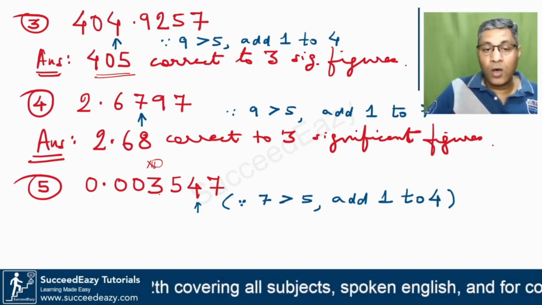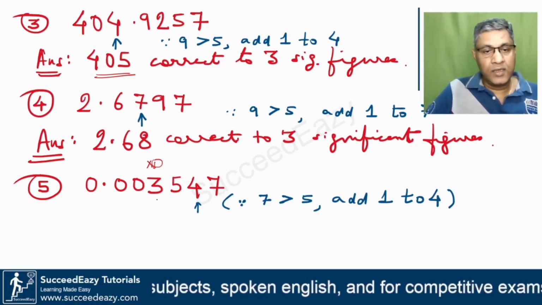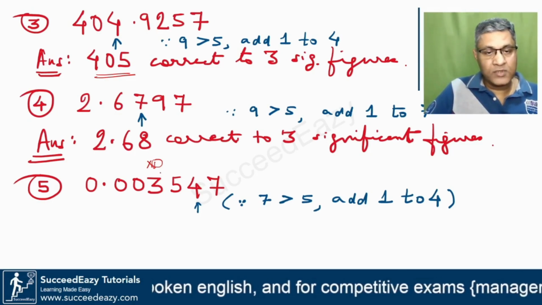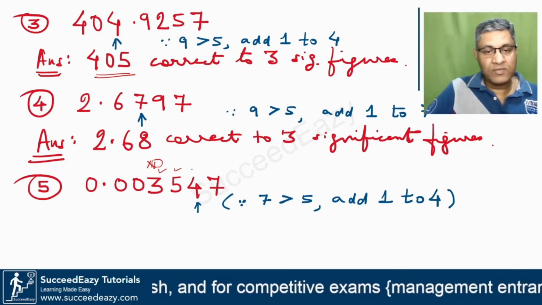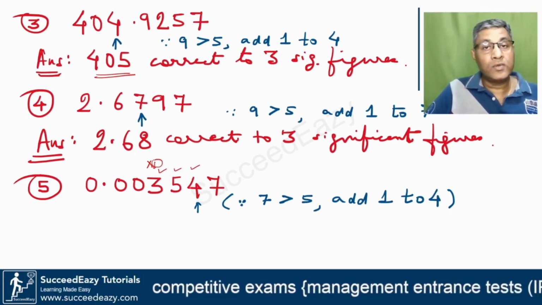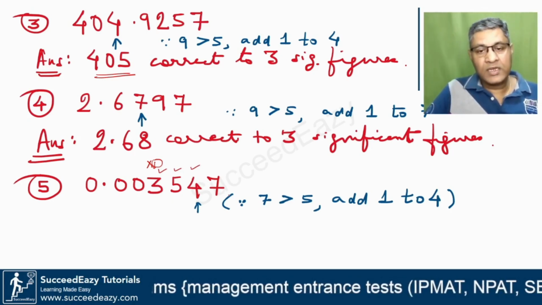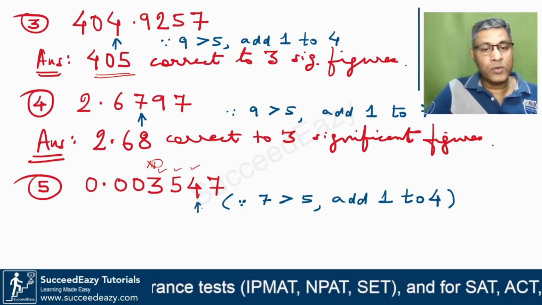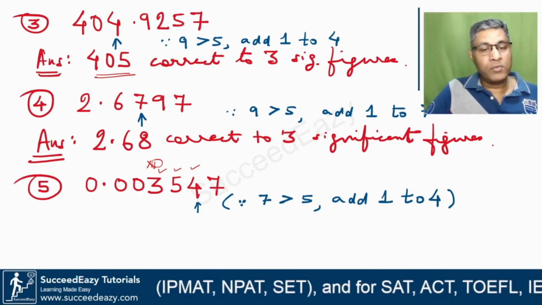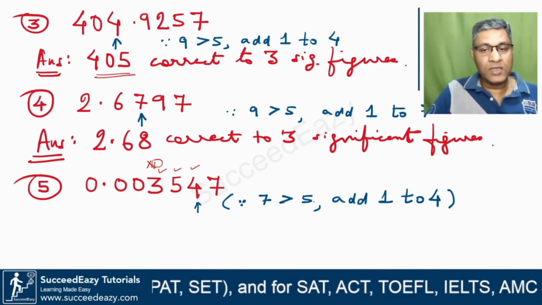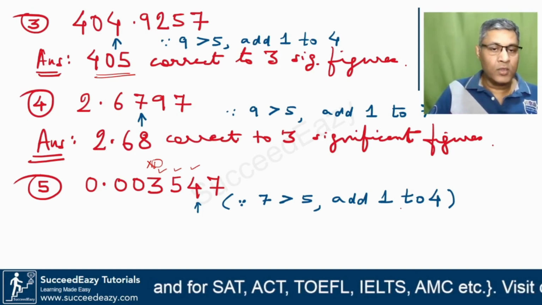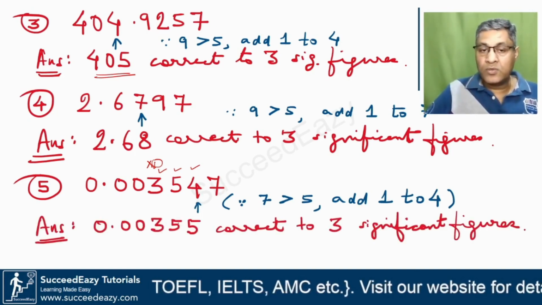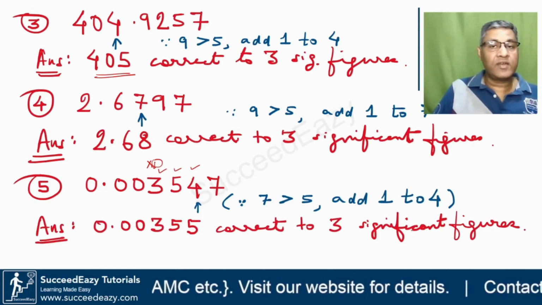The first non-zero digit is this, so the first digit is 3, the second digit is 5, the third digit is 4. So I need to round to the third significant digit, that means this digit 4, where you see the blue arrow. The following number is 7. Since 7 is greater than 5, I add 1 to 4 to get 0.00355, correct to 3 significant figures.